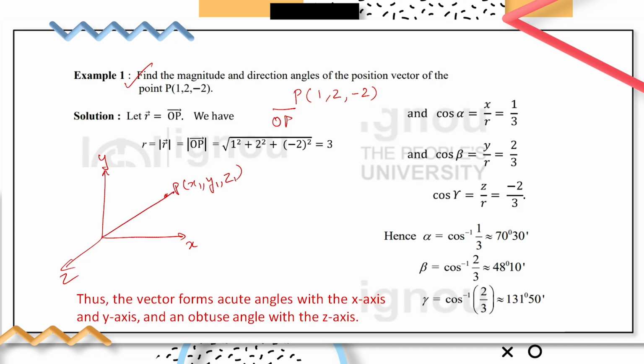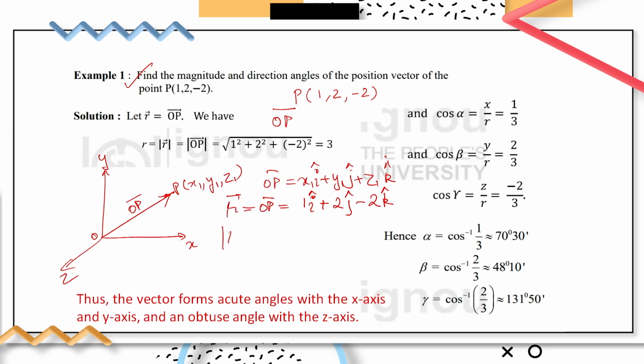So, the vector representation of this point P, that is vector OP, will be equal to x1i plus y1j plus z1k. So, this vector OP in this case will be represented by 1i plus 2j plus minus 2k. So, this is vector r.